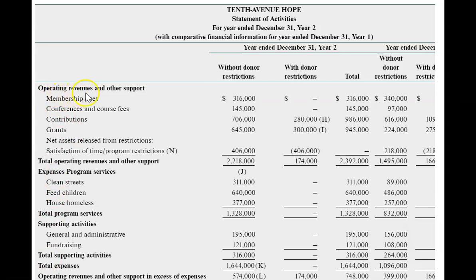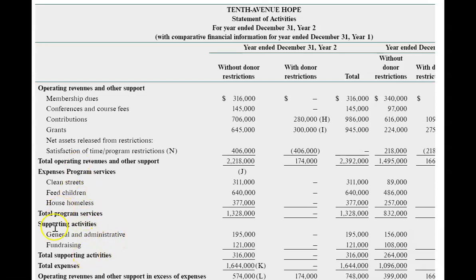They listed all of their revenues and contributions they received, and they also showed all of their expenses. You learned that expenses are categorized into 2 major classes: program service related expenses and supporting expenses.